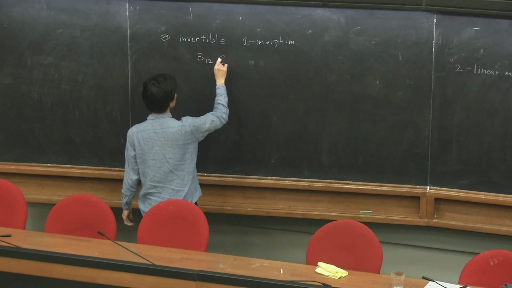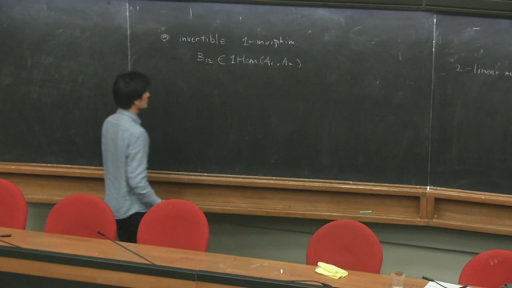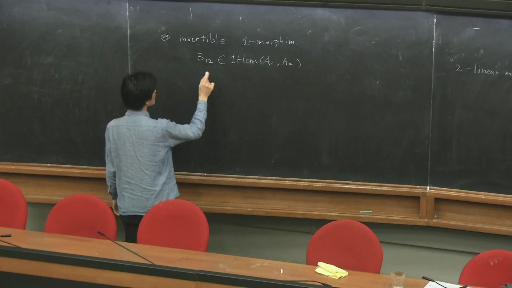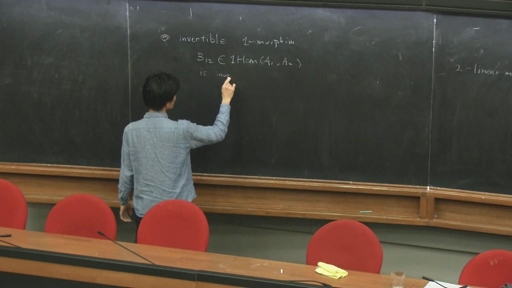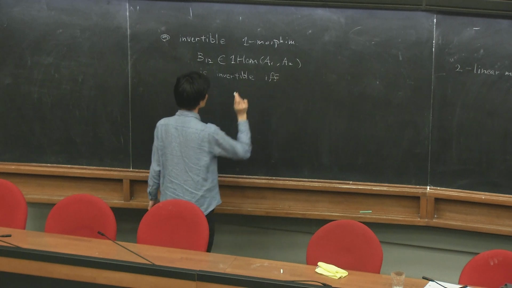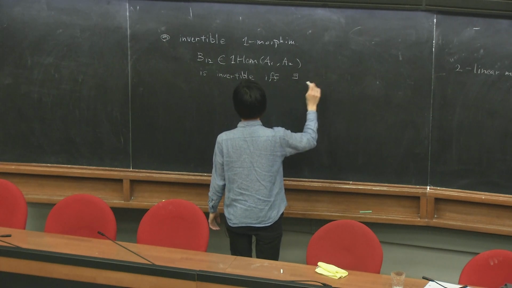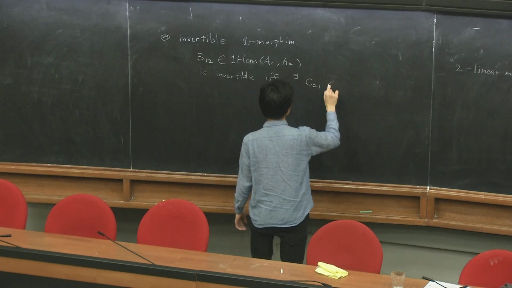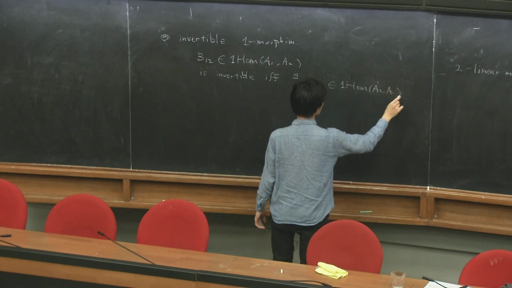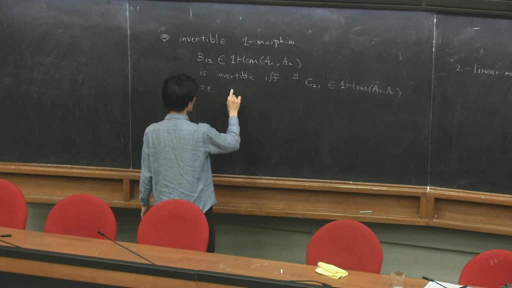Let's say B12 is a bimodule between A1 and A2. It's called invertible if, as a definition, there is an opposite way, C21, an A2, A1 bimodule, such that the composition is the identity.